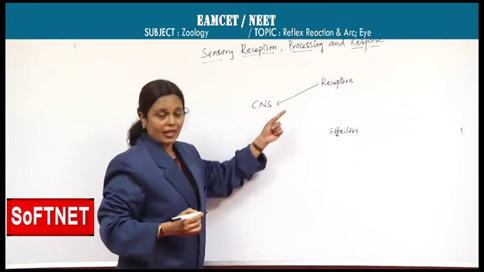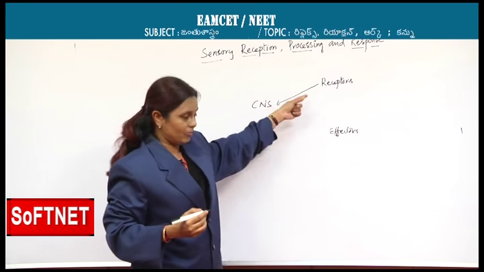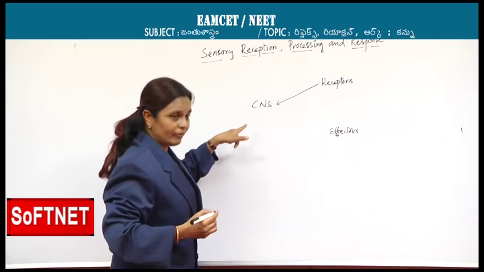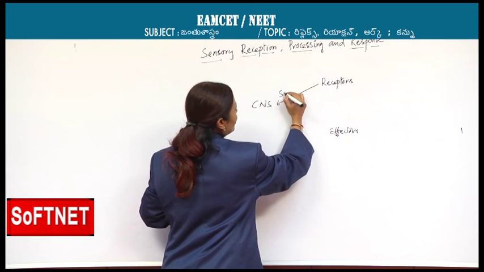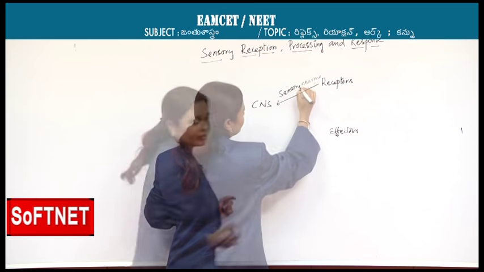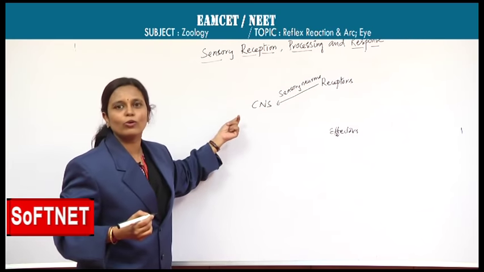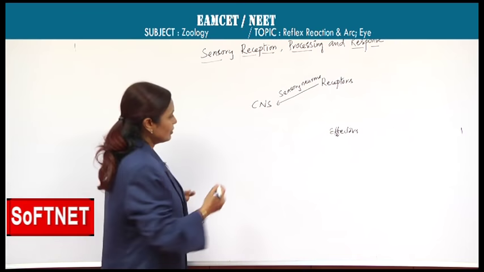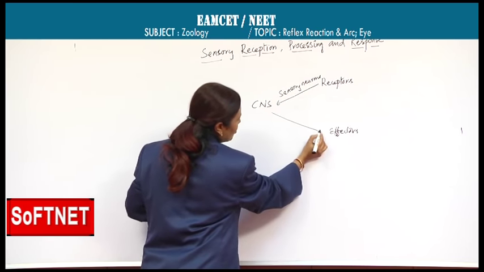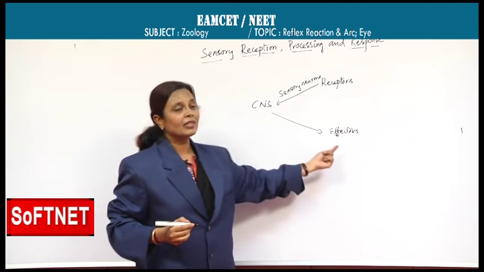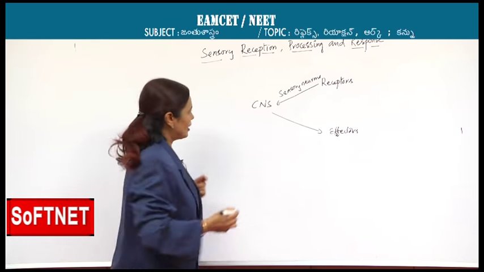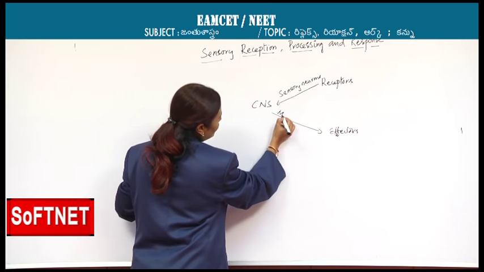The changes in the environment received by the receptors are conveyed to the central nervous system through the sensory neurons. This is otherwise called the sensory route. Now the processed and analyzed information from the central nervous system is conveyed to the effectors through motor neurons.